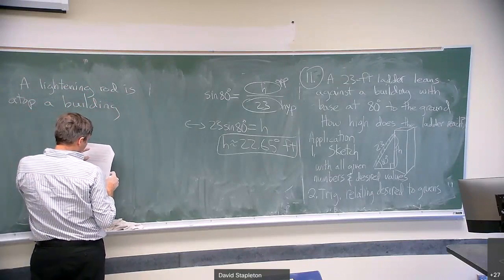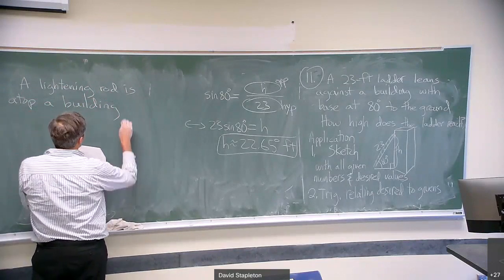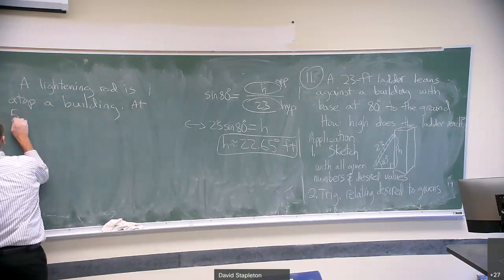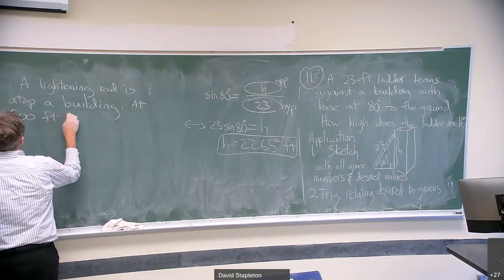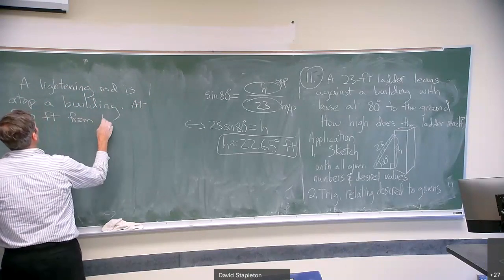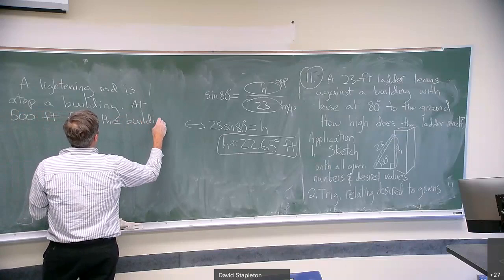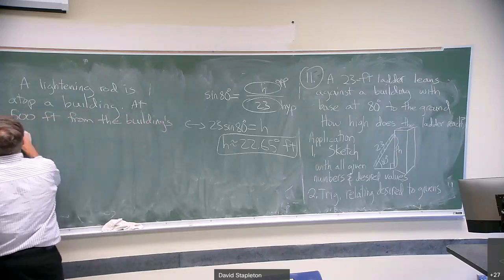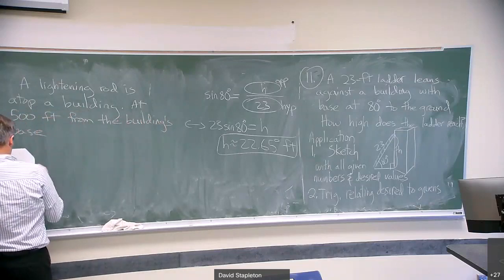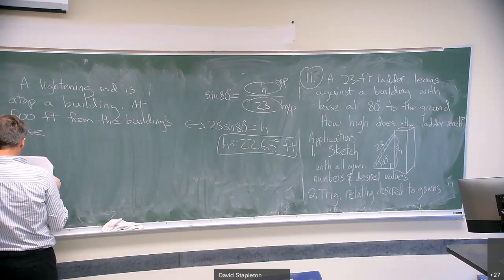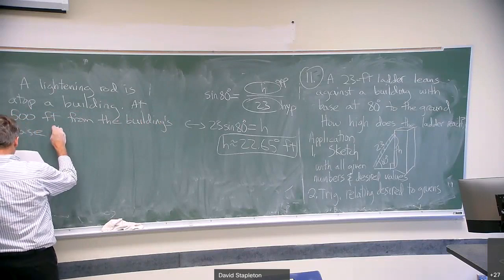From a location 500 feet from the base of the building, an angle of elevation to the top of the building is measured to be 36 degrees.